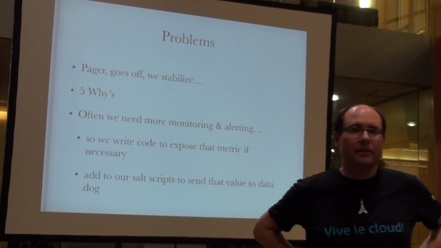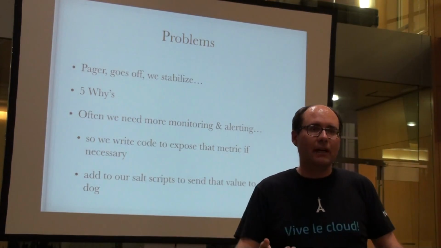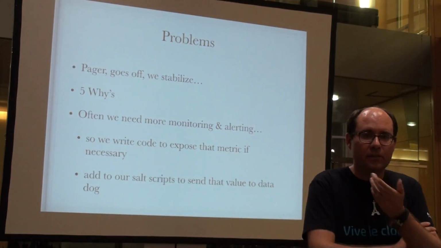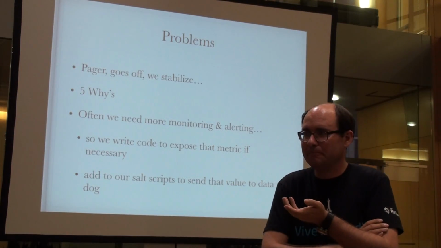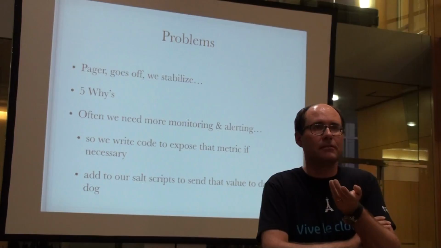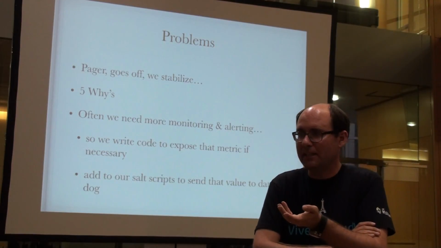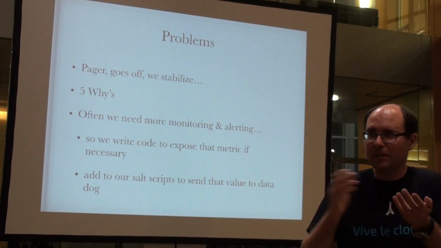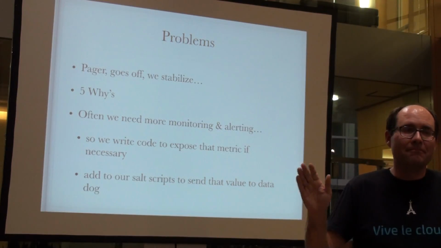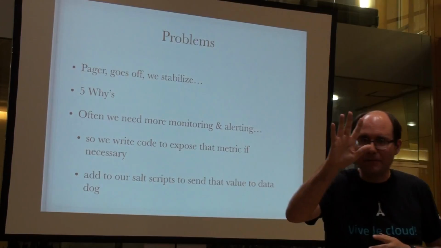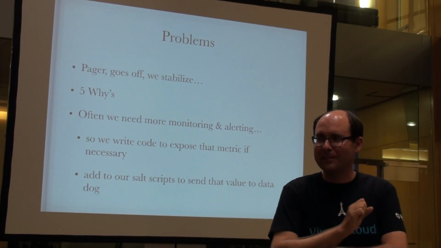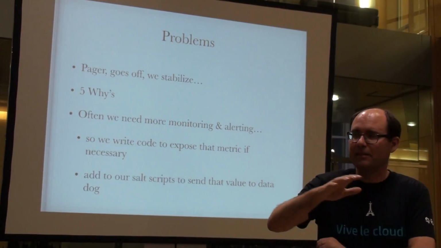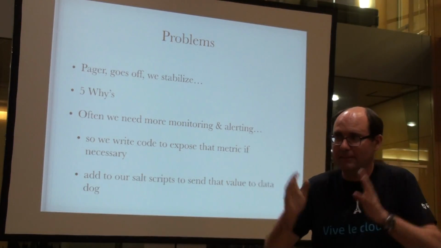The idea is to ask one why, let's make a hypothetical example. Why did the disk run full? You say, well, maybe the log files didn't get rotated. Then you could stop right there and say, let's put log file rotation in and we are done. But since we have to go to 5 whys, we ask, why did the log files not rotate? And then further down the line, you discover that somebody forgot to do that or whatever.